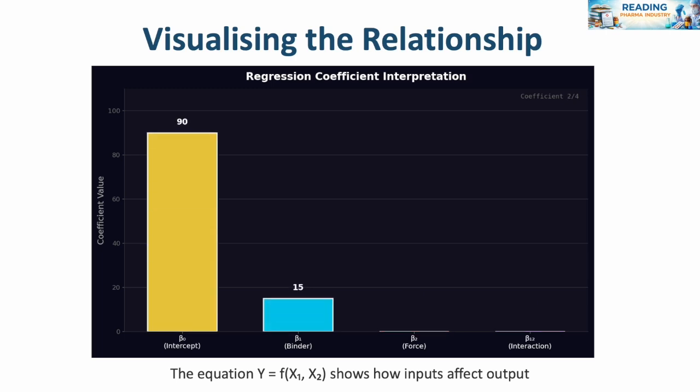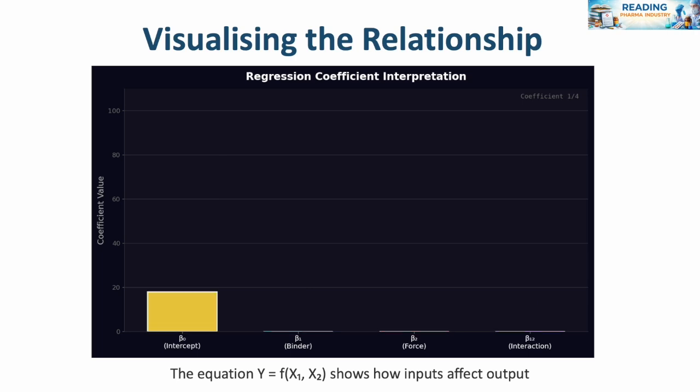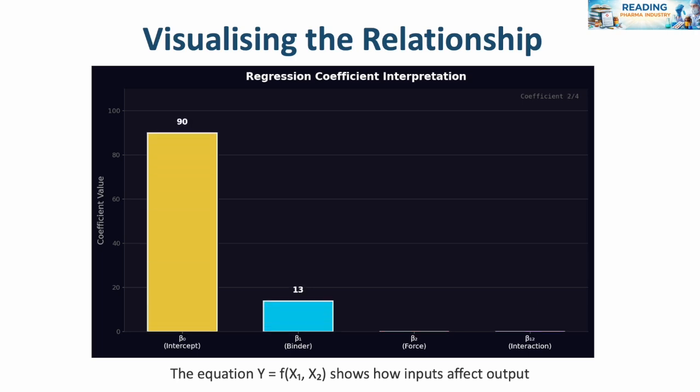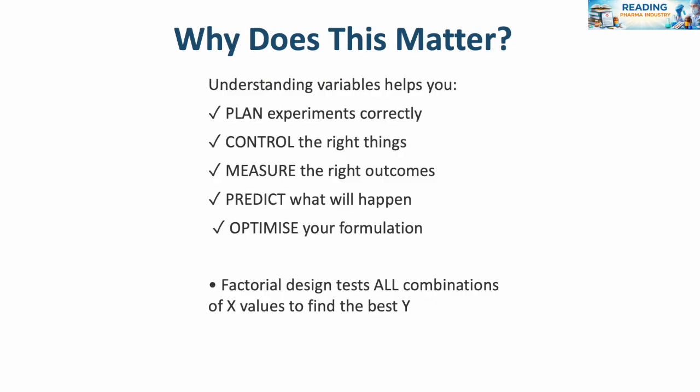This is the connection between the inputs, the x values 1 and 2, and the output, the Y value. Factorial design helps us discover what this relationship looks like. So we will do 9 experiments, collect the data, and then use regression analysis to find this equation.